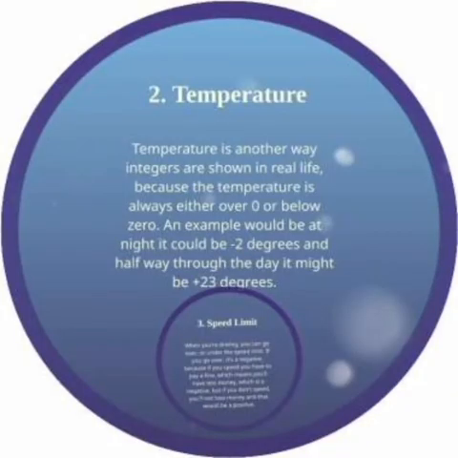Second real life example is temperature. Temperature is another way integers are shown in real life because the temperature is always either over 0 or below 0. So temperature below 0 degrees is taken to be negative and temperature above 0 degrees is taken to be positive.